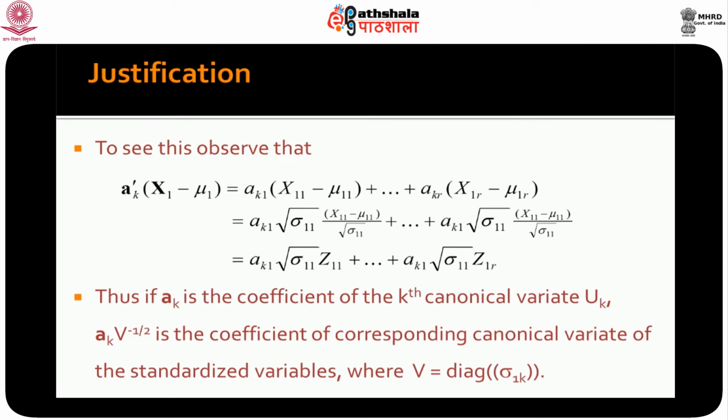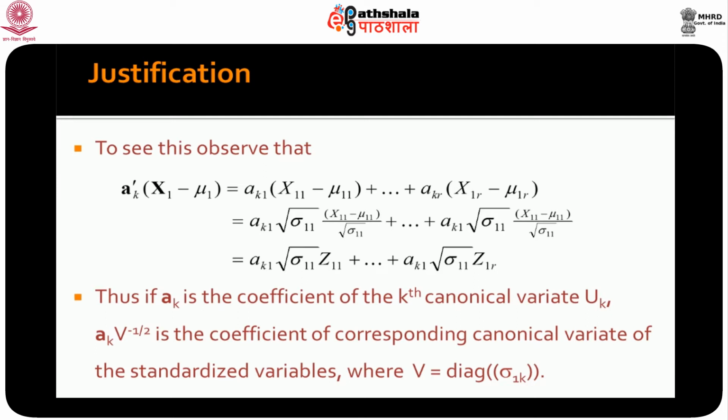If I just look at the first variable x1, x1 minus mu, the combination was ak prime (x1 minus mu 1), which led to uk. Now, we can break this up element-wise, ak1 into (x1 minus mu 1) plus ak2 into (x2 minus mu 2), etc., up to akr into (xr minus mu r).